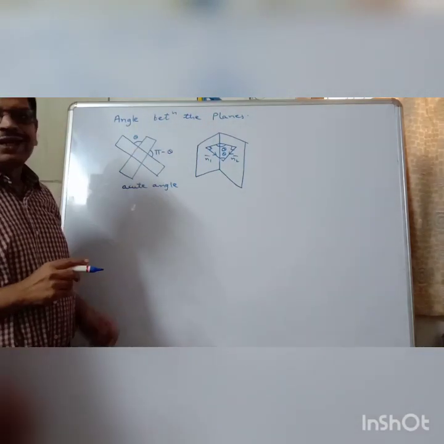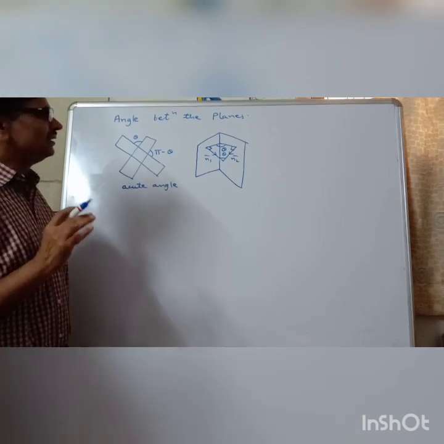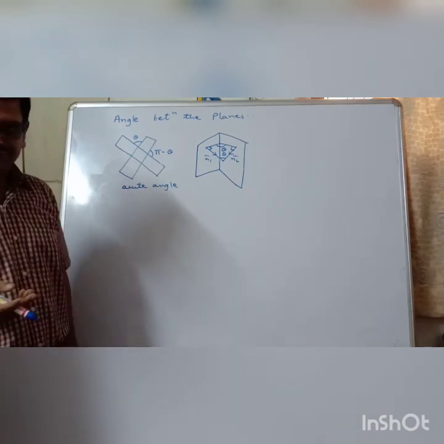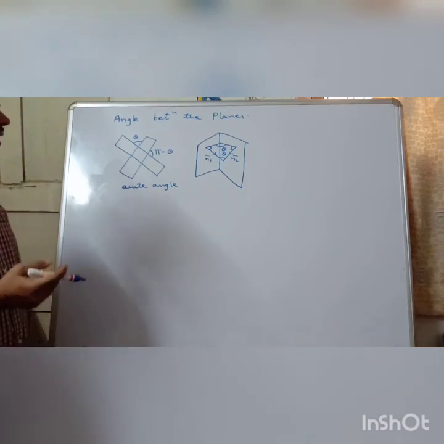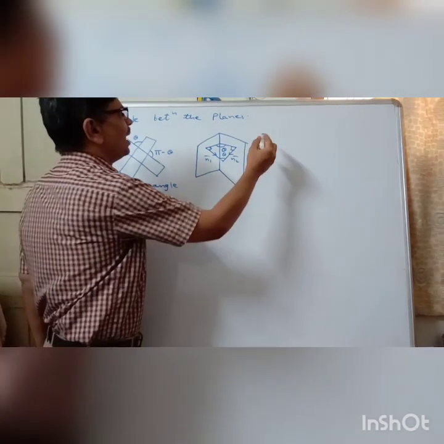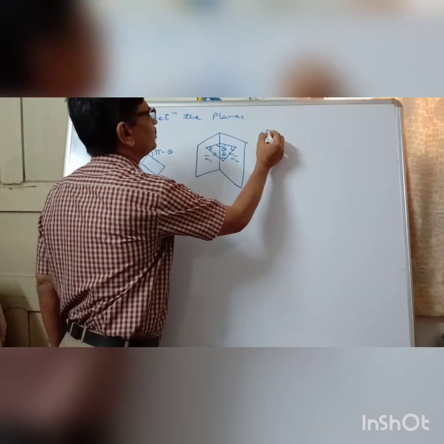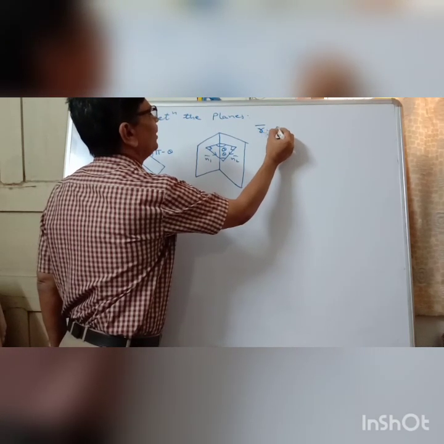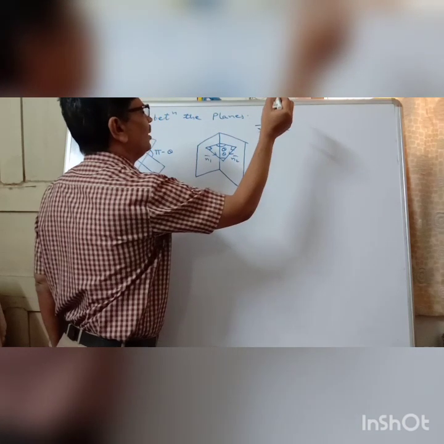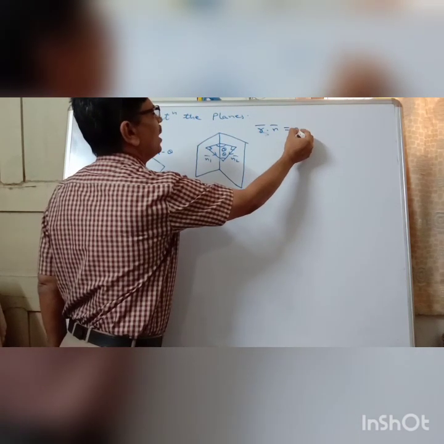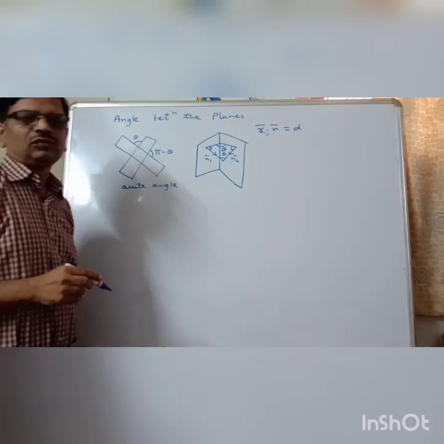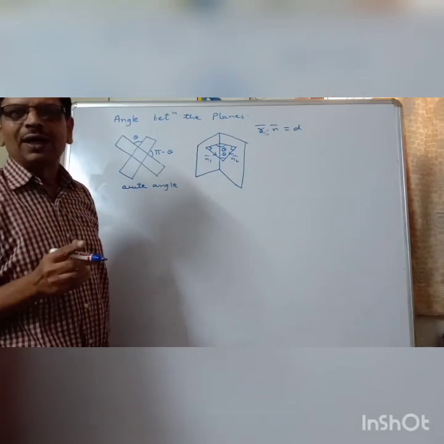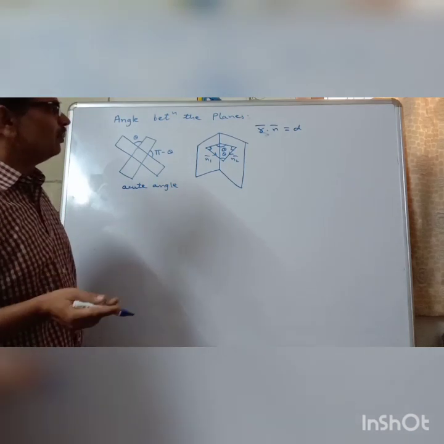So to find the angle between two planes, it is sufficient to find the angle between their normals. Suppose equations of two planes are given. Usually we write the equation of a plane as r bar dot n bar equal to d, where n bar is a vector normal, perpendicular to the plane.